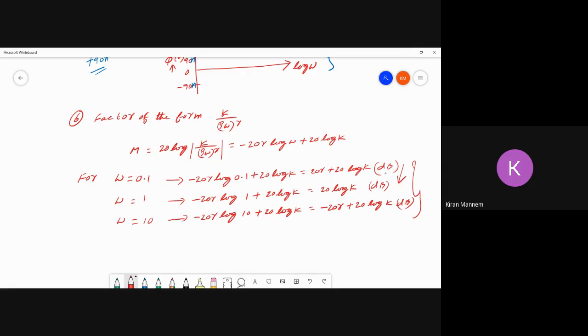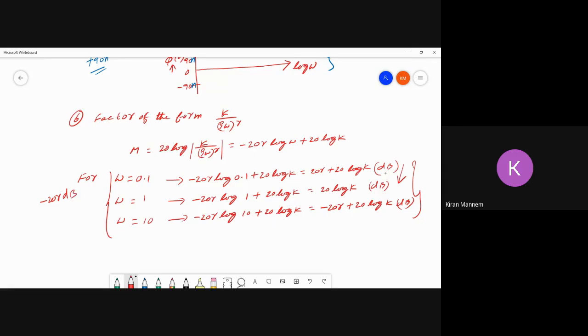If there is a change in the frequency in terms of tens, you have minus 20r dB.